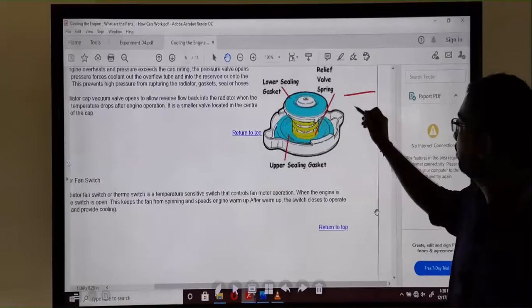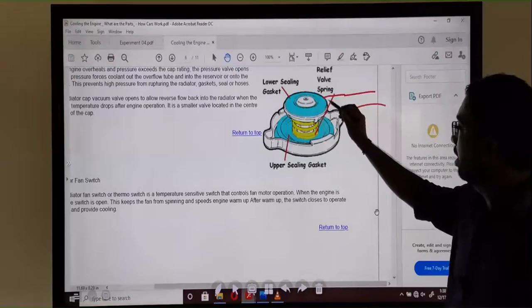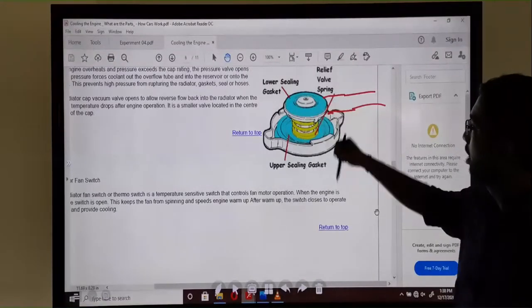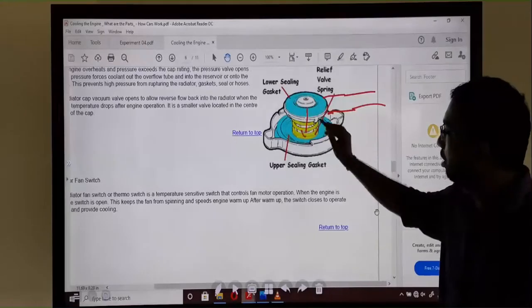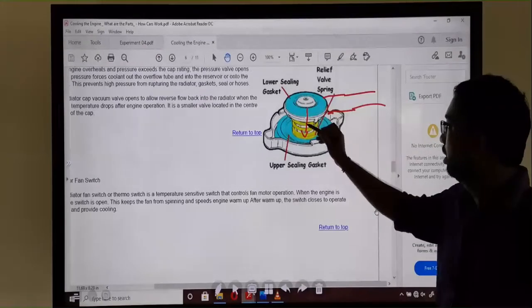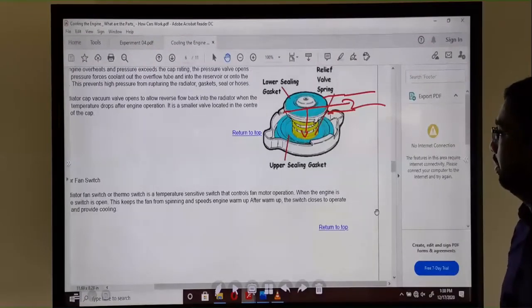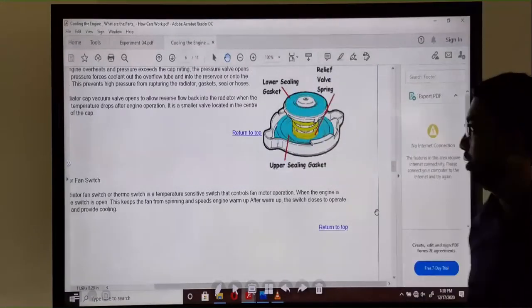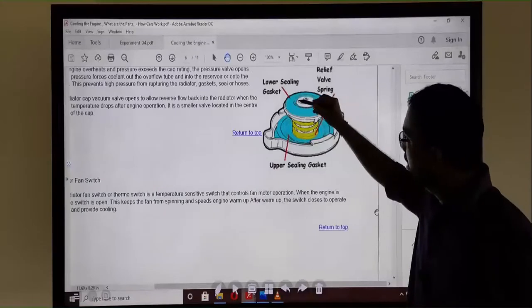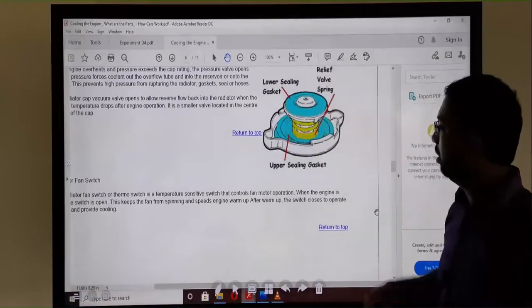Normally this is closed by the lower sealing gasket. What will happen? It moves this way, so the coolant flows through this pipe. This is the pressure condition. You can see a small disc like this, the shape of a disc.